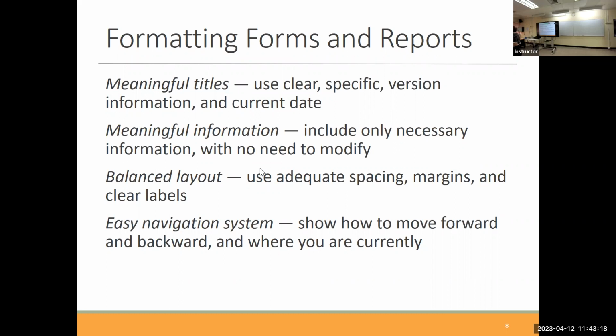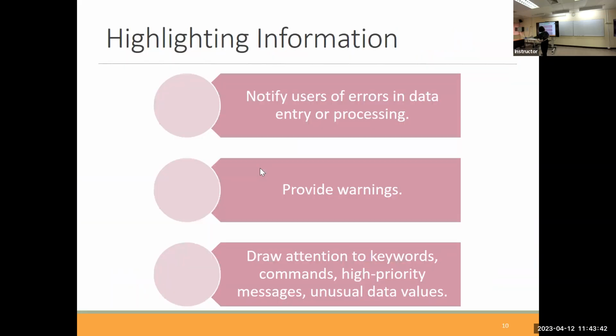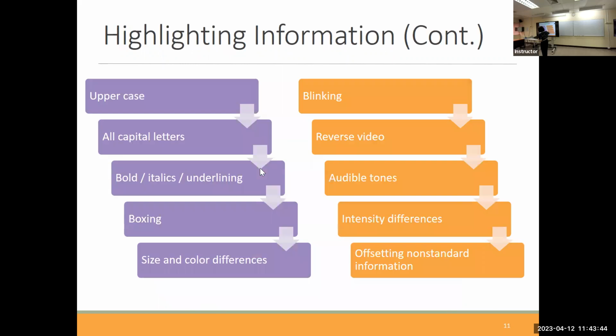If it doesn't have a title, or meaningful icons, titles, and labels, it's really difficult for the user to know what it is about. So make sure it has meaningful title information, and that the design is balanced and easy to navigate as well, with some highlights for information, warnings, and so on.